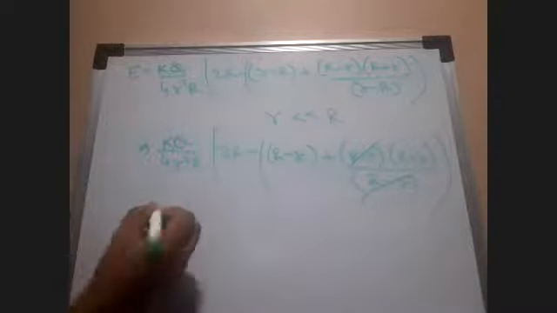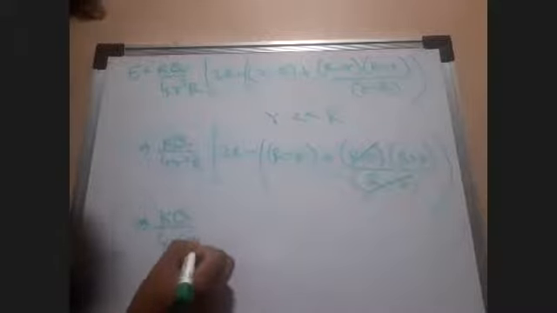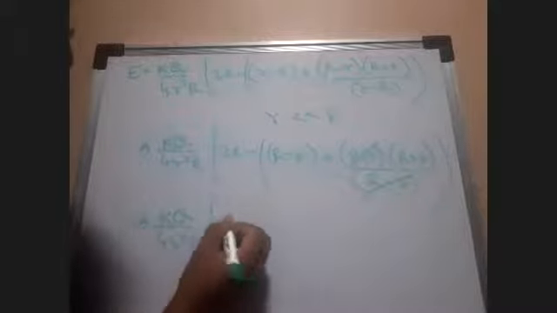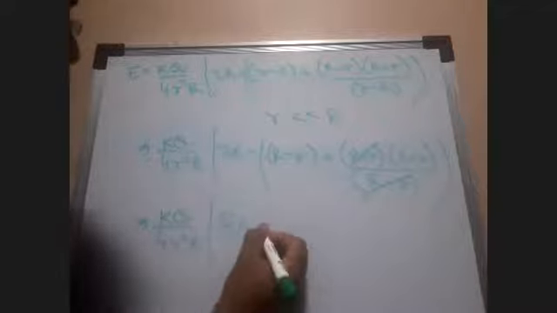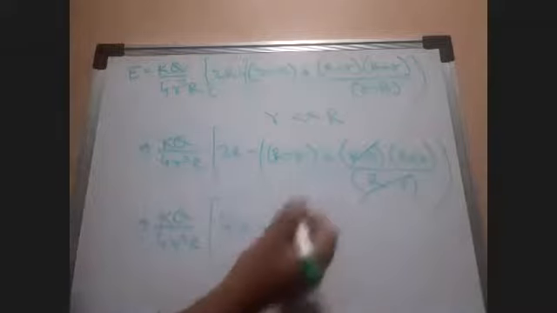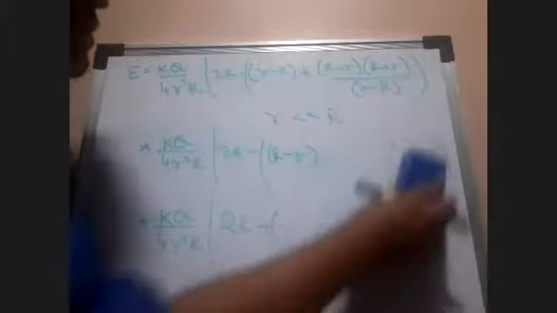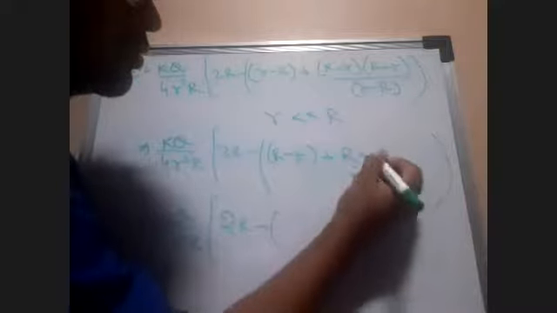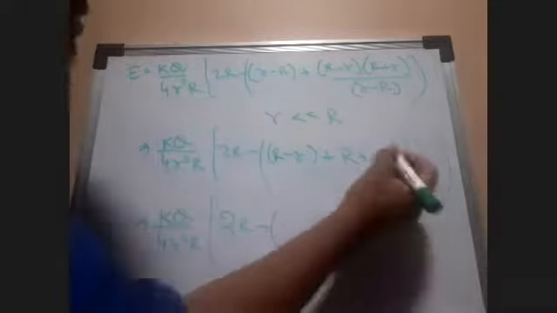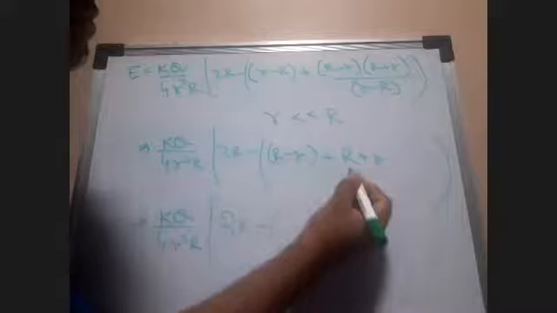Once this term gets cancelled with this, you will simply get shocked with the answer: 2r minus, you open this bracket, capital R minus small r plus capital R plus r. So ultimately this r and this r will add, so it becomes 2r.